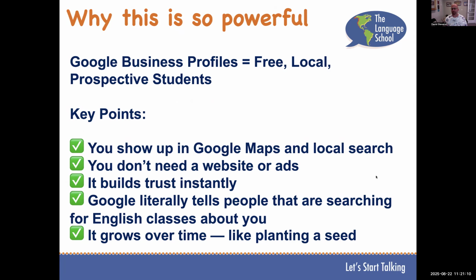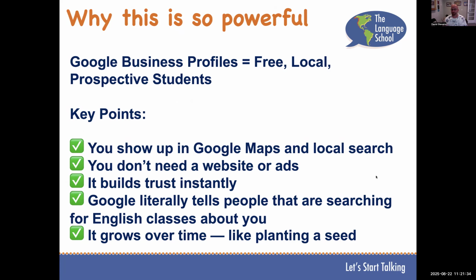A few other things that are important to note. You don't need a website to do this. It's helpful, but it's not necessary to get started. You don't have to start paying for ads right away. It will help you build trust instantly with people that are seeing your profile. And this is how you're going to use Google as your recommendation partner.